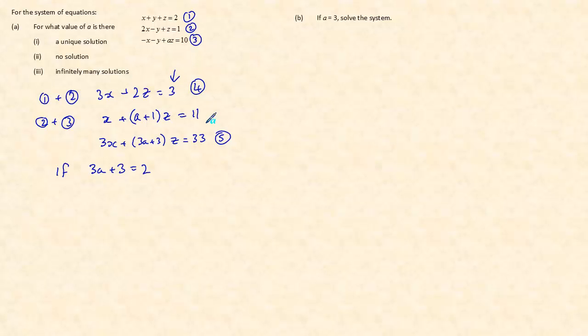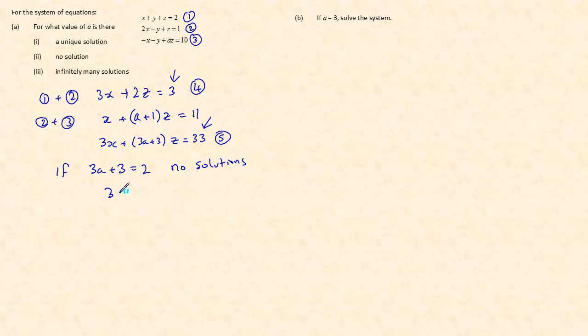And that would be inconsistent with this one where 3x plus 2z is 3. We can't have 3x plus 2z being both 3 and 33. And we couldn't solve that, so we would get no solutions.